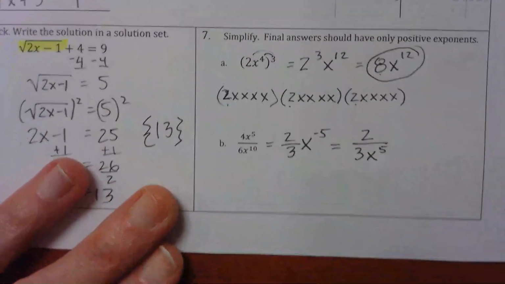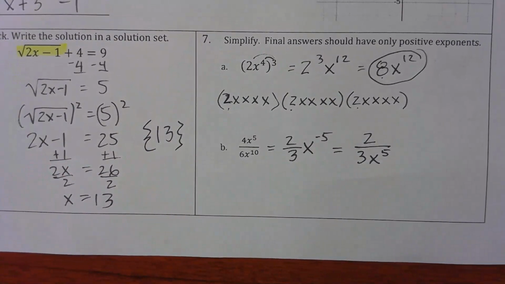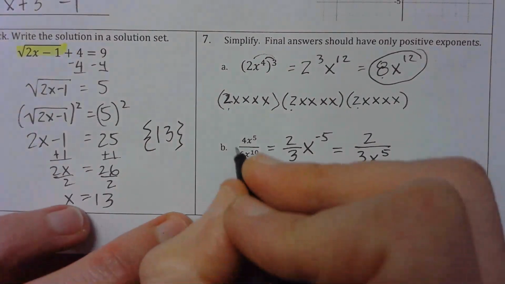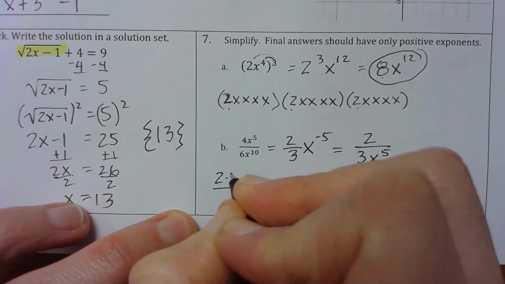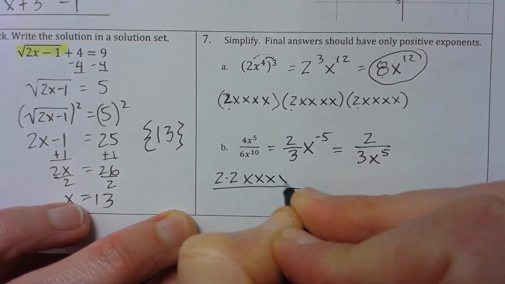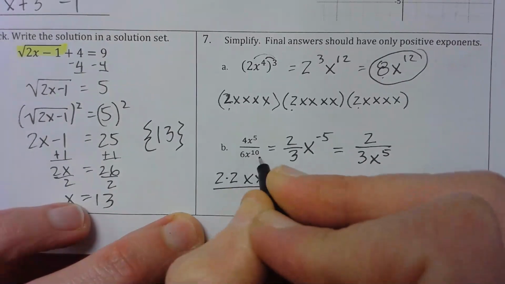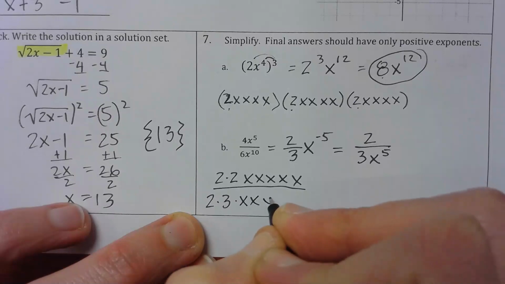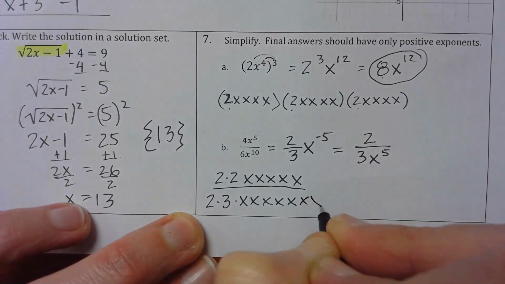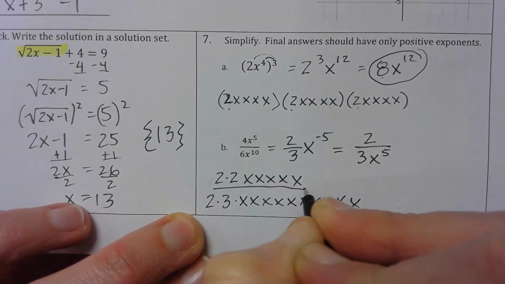Okay. The other way that you can do this problem is using an expansion method. So I can say, okay, 4x to the 5th, that's really 2 times 2 with 5 x's. And 6x to the 10th, that's 2 times 3 with 10 x's. 3, 4, 5, 6, 7, 8, 9, 10. Okay.